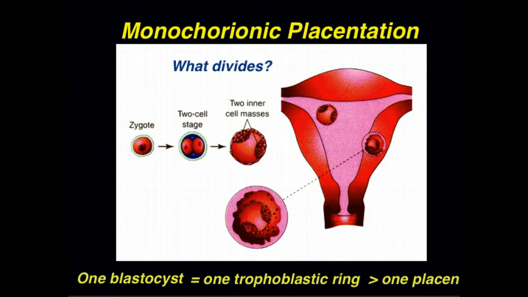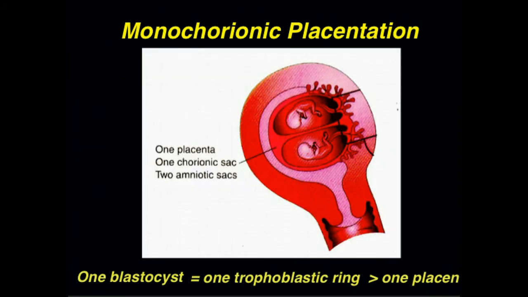What then is it that divides? Well, the thing that divides is the inner cell mass. And remember, the inner cell mass produces the embryo, so there will be two inner cell masses. We have twins. And the inner cell mass typically will also produce the amnion, so there are two amniotic sacs.